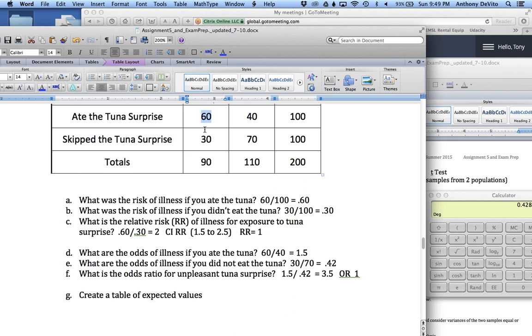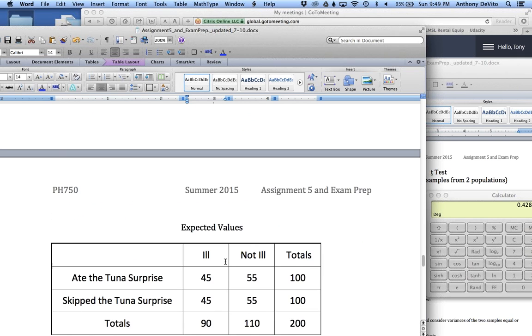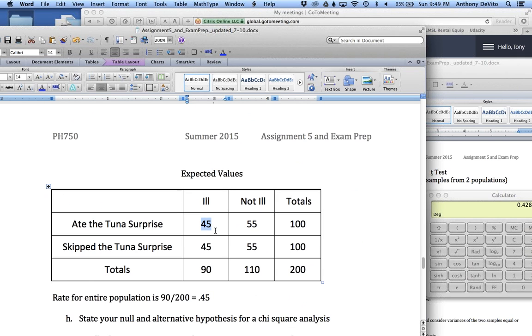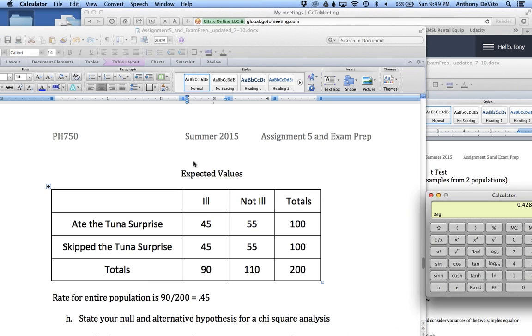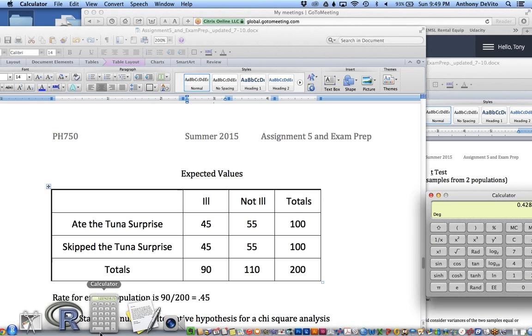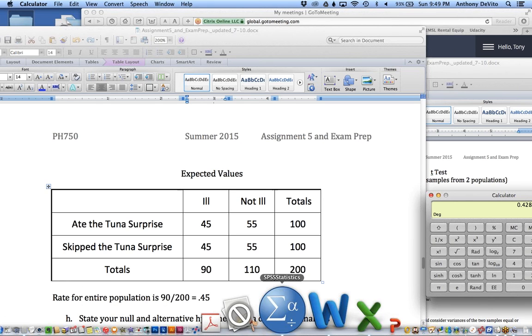We found the difference between the observed value in that cell and the expected value, so that would be 15. We squared the difference, 15 squared, and we divided it by the expected value, which was 45.